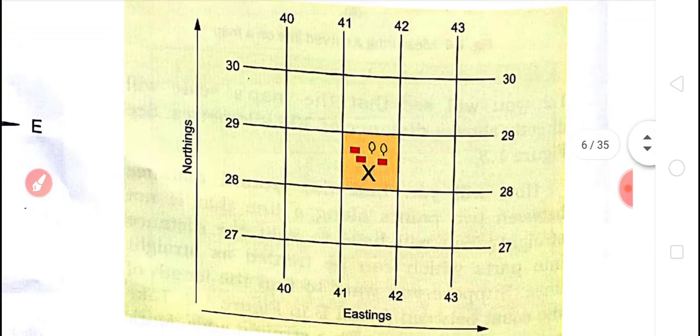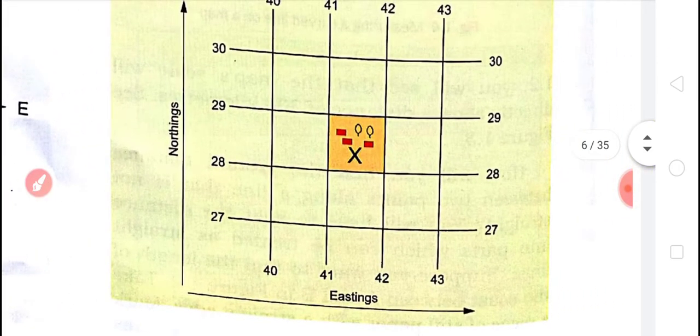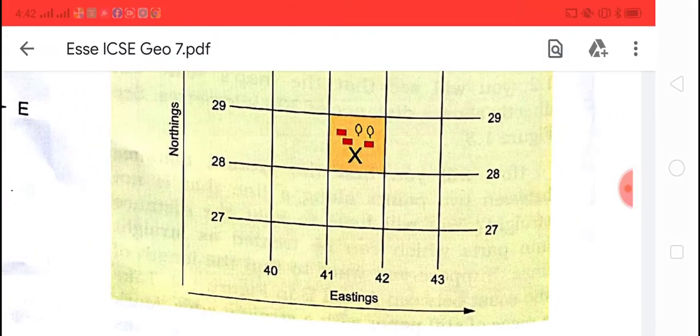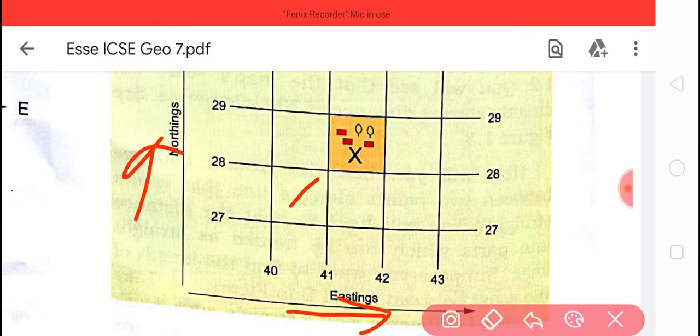This is the northing. This is the easting. Northing, easting, grid. Then this is the feature that we have to identify, in which cell it comes.